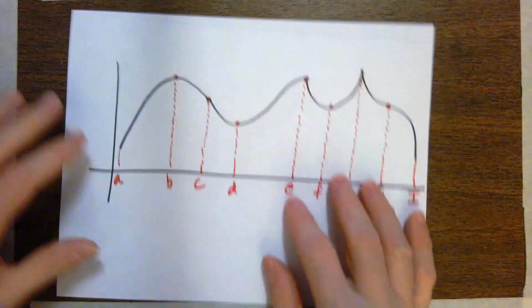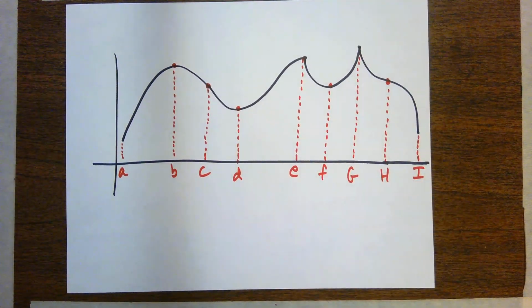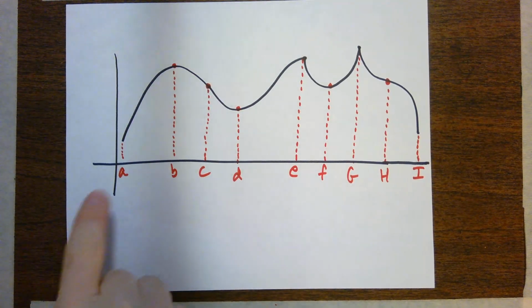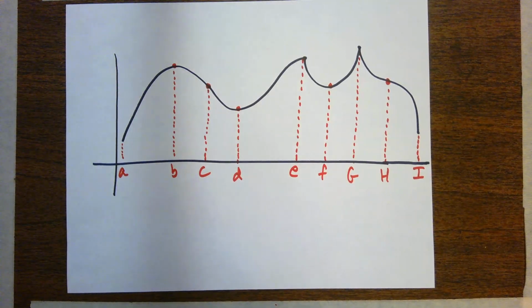Now, here's the graph. Let me pause for a moment. I want you to copy down this graph as best as you can. And what we're going to do is answer the questions on this graph. Where is it concave up and where is it concave down? I notice that I've got endpoints of A and I. Notice that it is continuous through its entire domain from A to I. It looks like I've got a couple of corners and cusps.